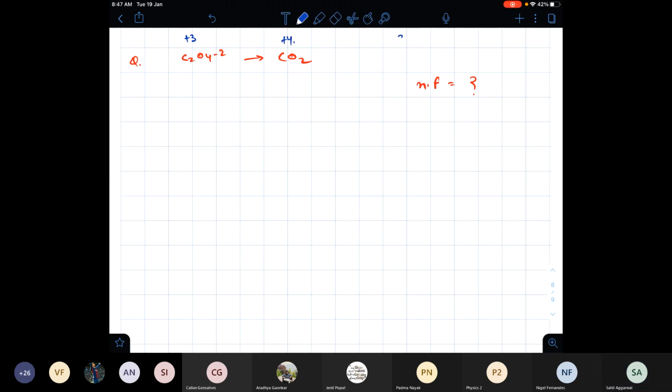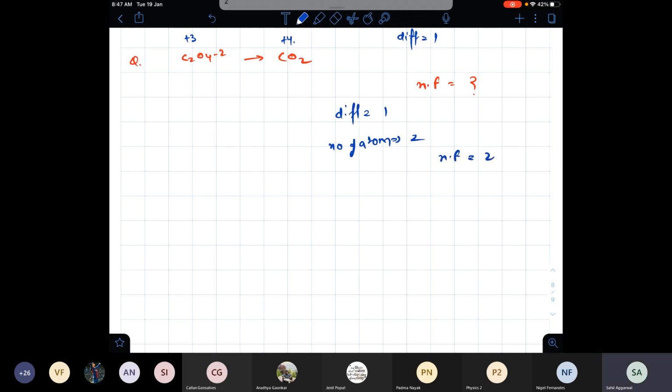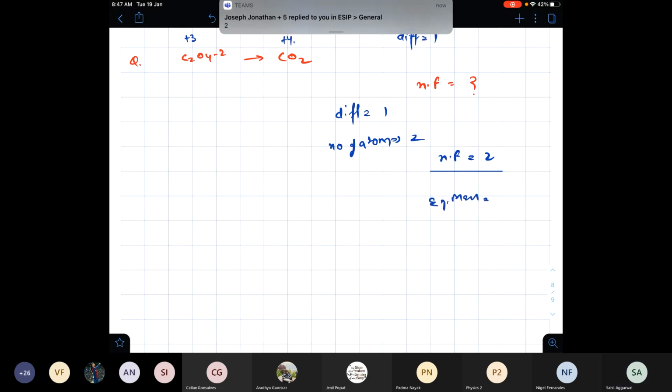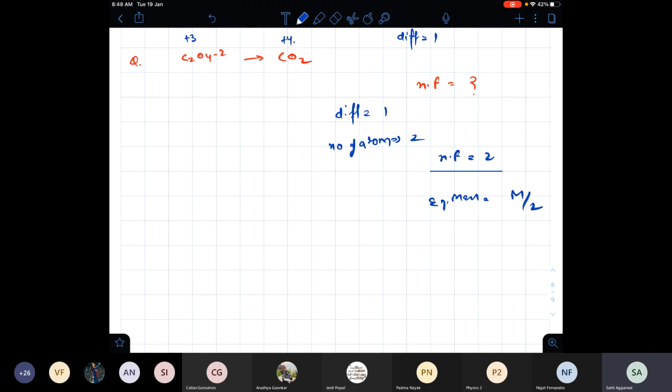Difference, number of atoms, so N factor 2. Equivalent mass is m by 2. Understood?